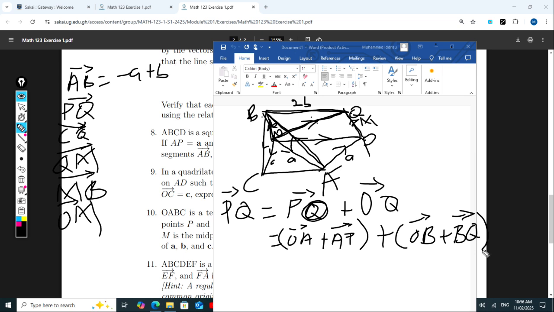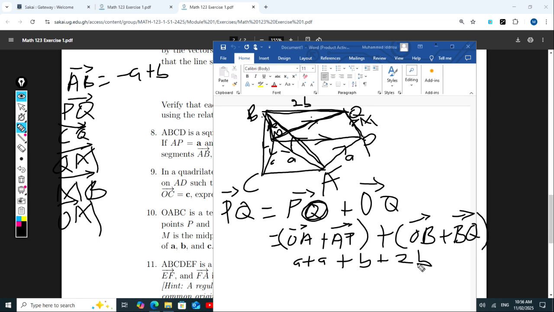We know OA to be a, plus AP, which is also a, plus OB, which is b, plus BQ, which is 2b.